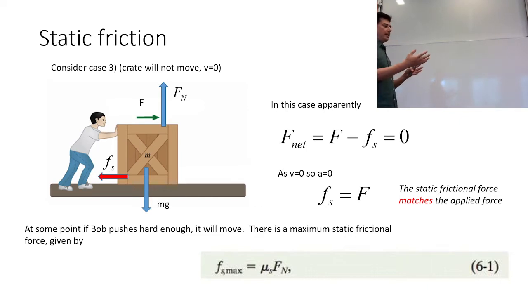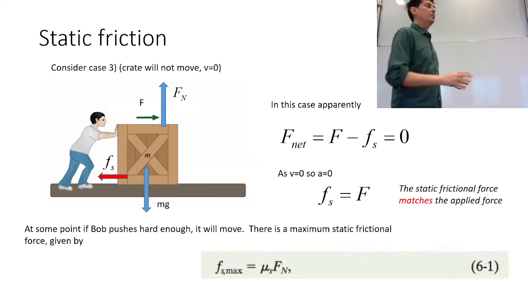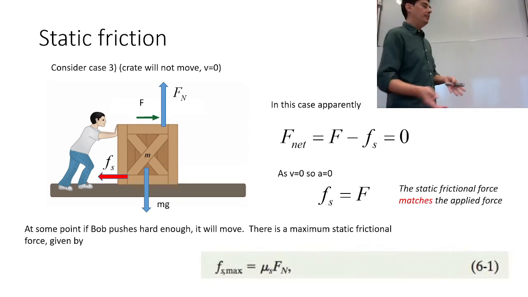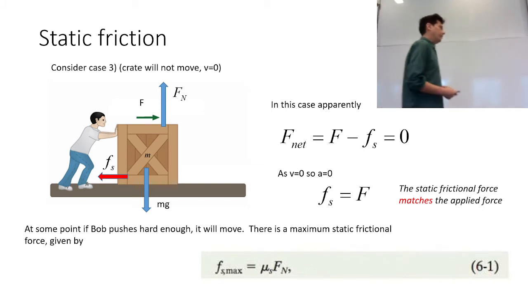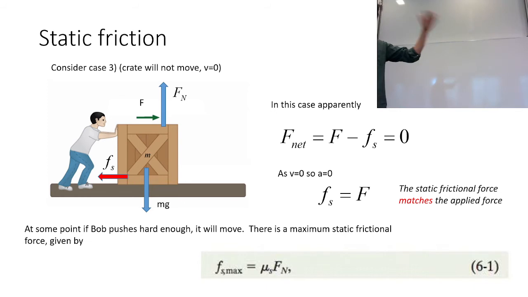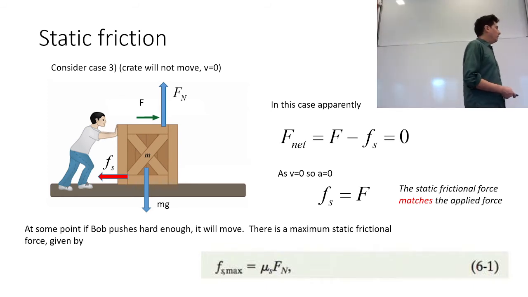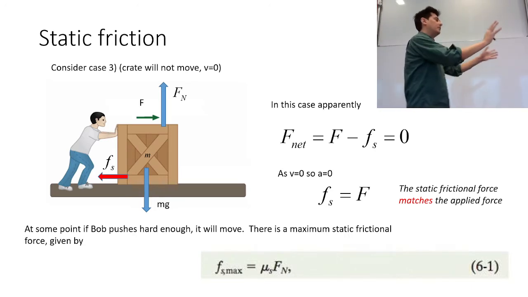By the frictional force always balancing whatever force you are applying, that's how it doesn't move, because if it doesn't move, that means the total force is 0. If the total force is 0, the acceleration is 0, and that's why it doesn't move. So forces cancel out. But there's a maximum limit of that happening, and the maximum limit, of course, is when you're pushing it and it finally starts to move.